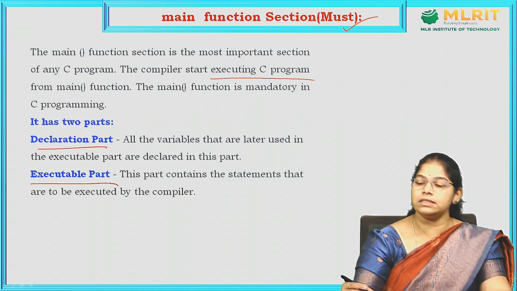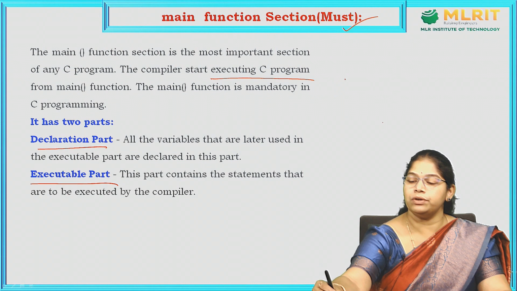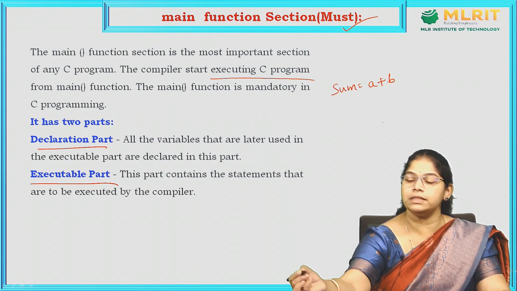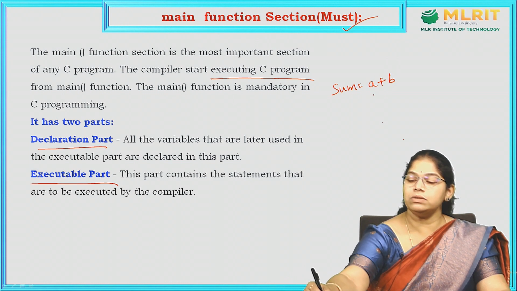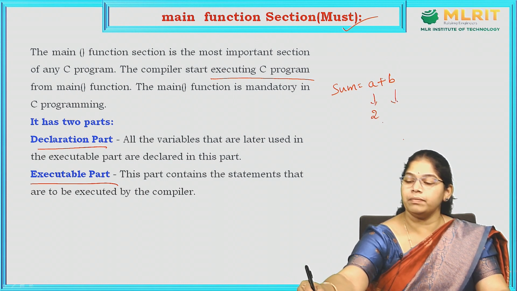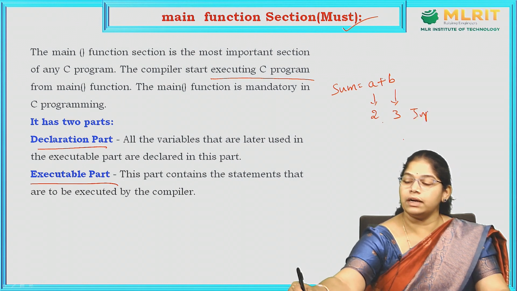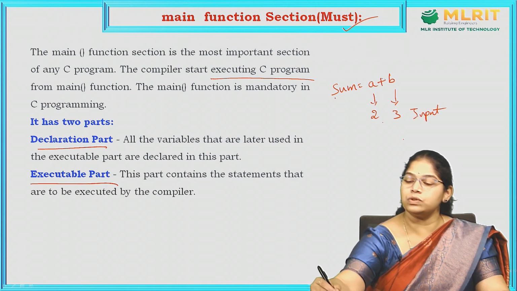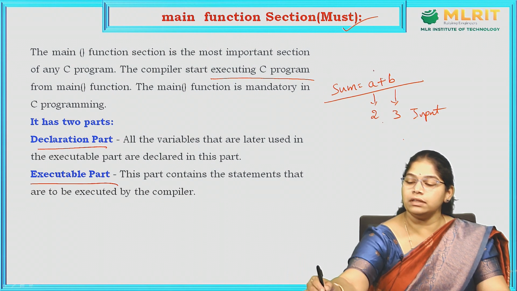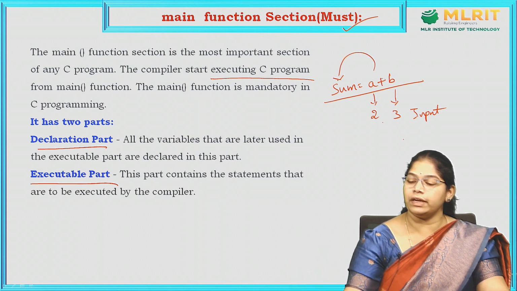Let us consider the same example, sum of two numbers. To perform the sum of two numbers, sum is equal to a plus b. Give the values a as 2 and b as 3. These are the inputs which I am providing, and it has to perform this operation, and the result must be stored in the variable.